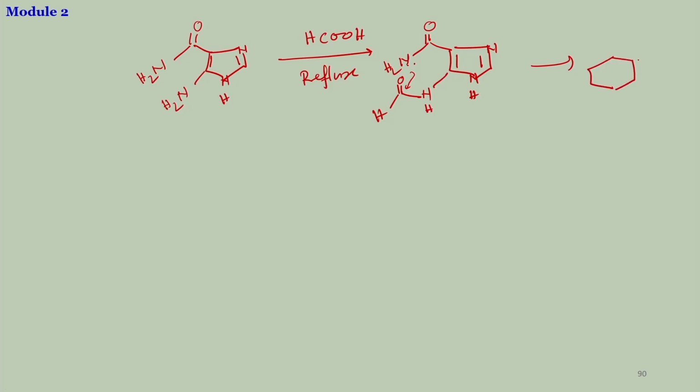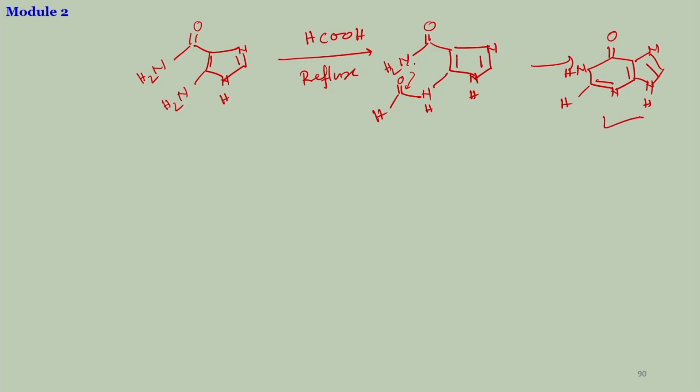So you will have the 6-membered ring and then the 5-membered in here, and then it can be NH, it can be H here. Initially there will be a double bond here, then it can tautomerize. You can write it in any form you wish. So this would be formed.